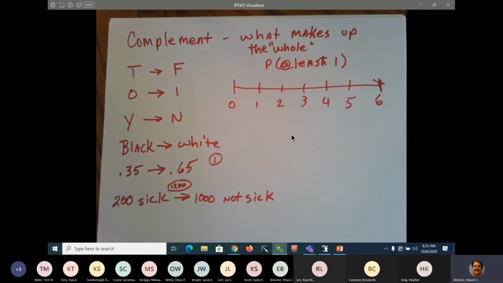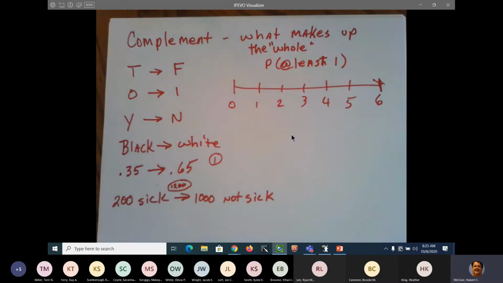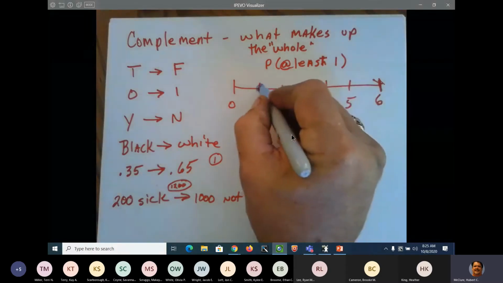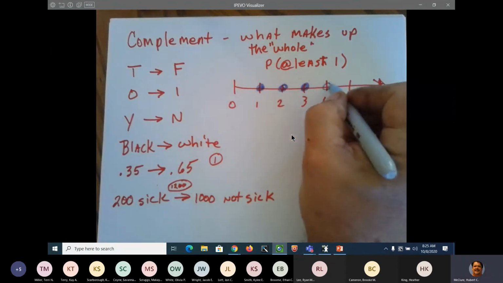At least 1, that's going to clash. Let's do Superman colors. Let's do blue. I have to use a light blue because the dark blue is just about black when it shows up on this. At least one.